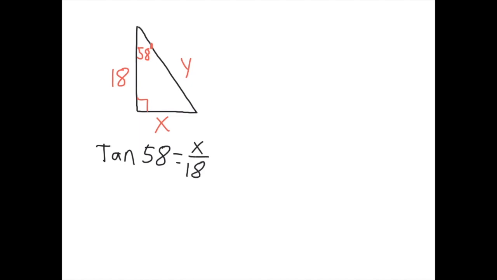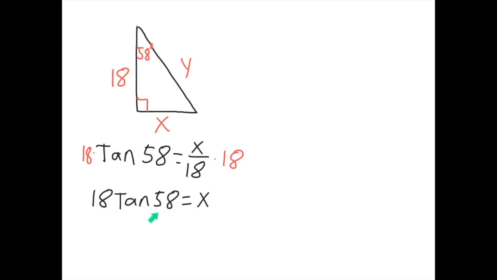So now to solve for x, we would multiply both sides by 18. It's just like solving an equation. So multiply both sides by 18, and we would get 18 times the tangent of 58 is equal to x.